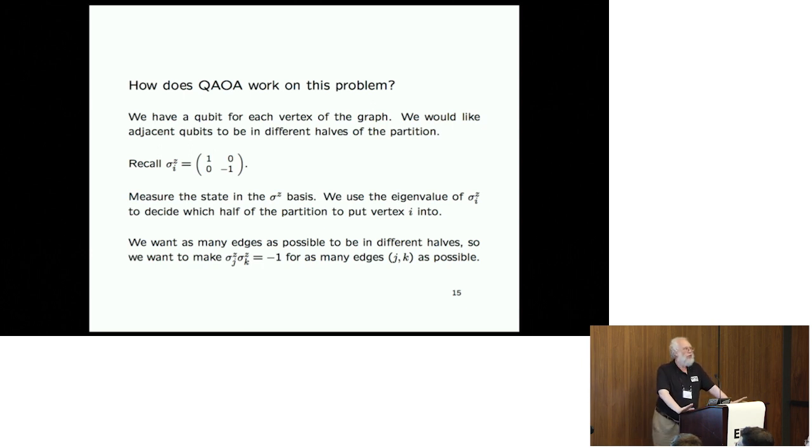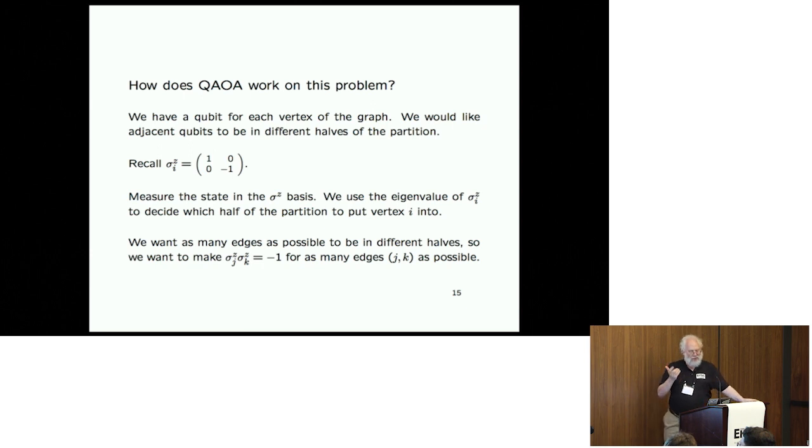So we have a qubit for each vertex. When we measure the state of our quantum computer in the sigma z basis, some vertices get a 1 and some vertices get a 0. That means we put the 1s in one part and the 0s in the other part.